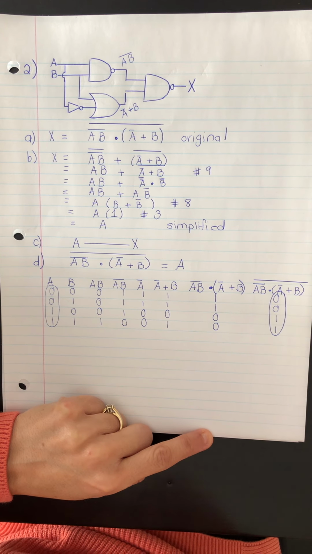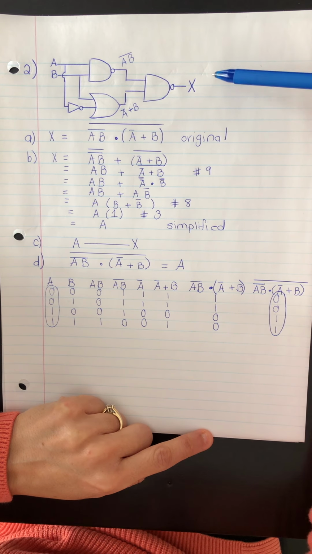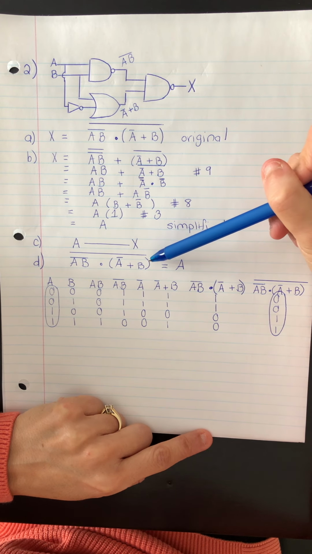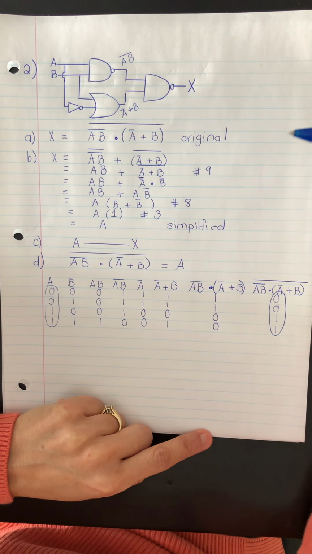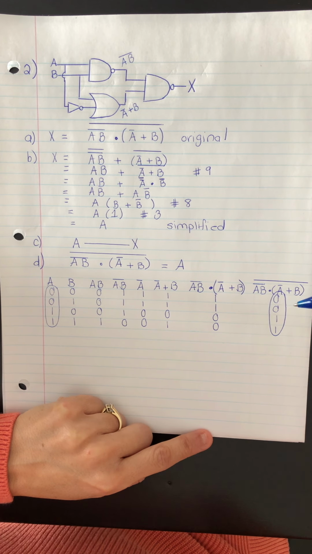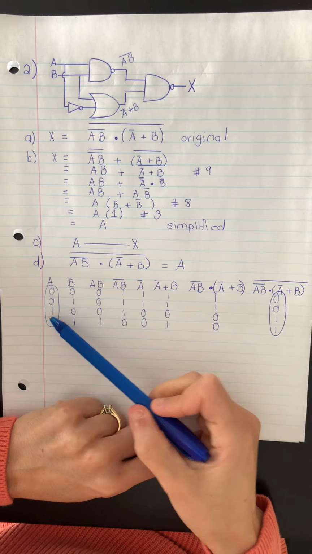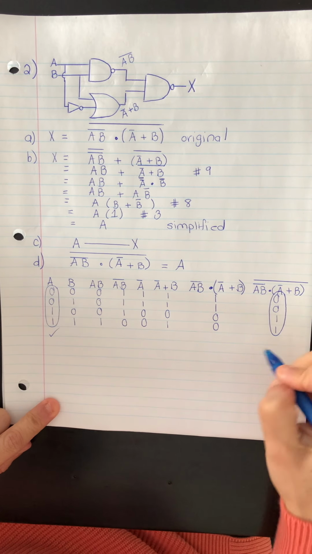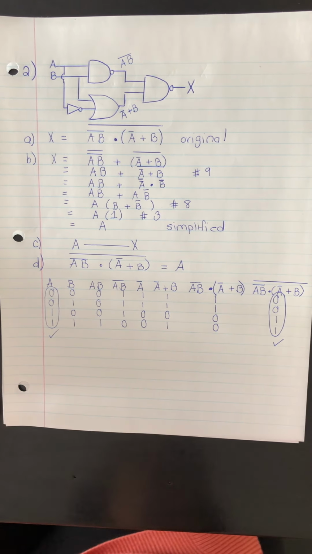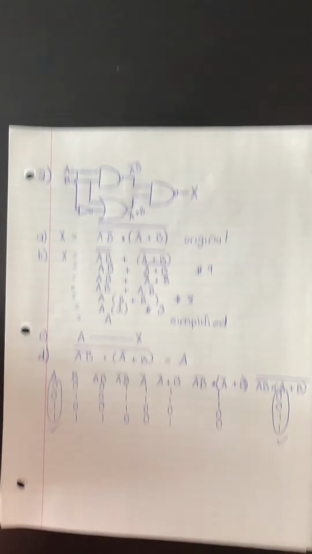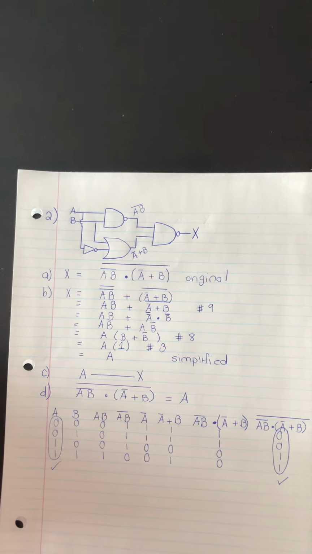So that's the output for the original circuit. It's the output for the left-hand side here. We were trying to prove that it is the same as A. And you can see that we were successful. And so that means that our algebra in here is correct. We did a very good job.